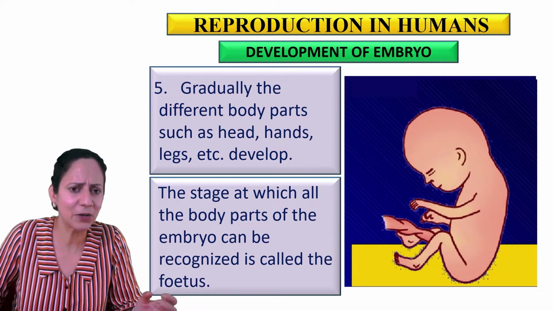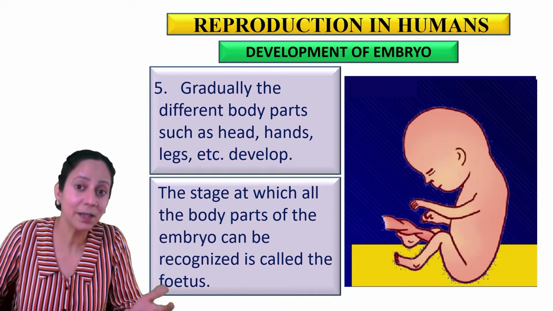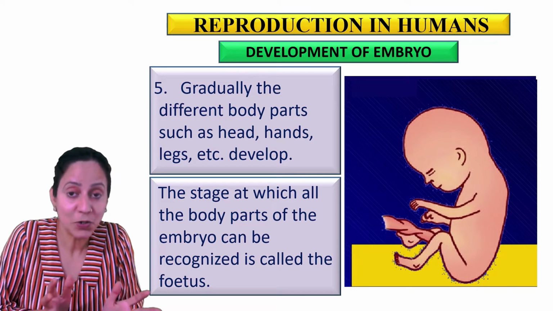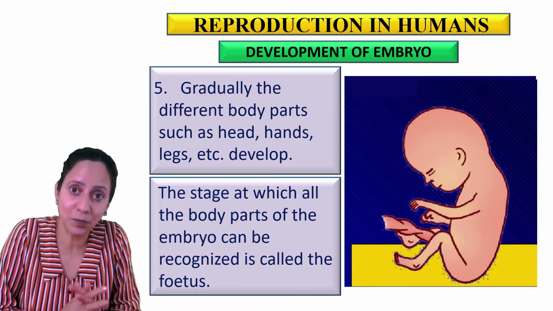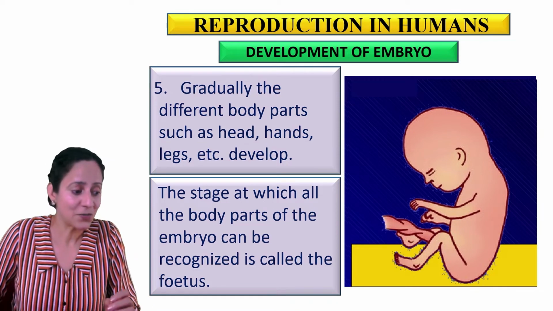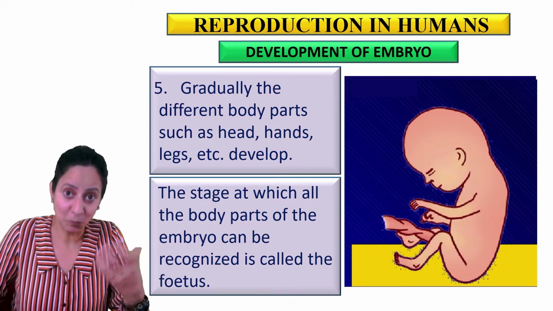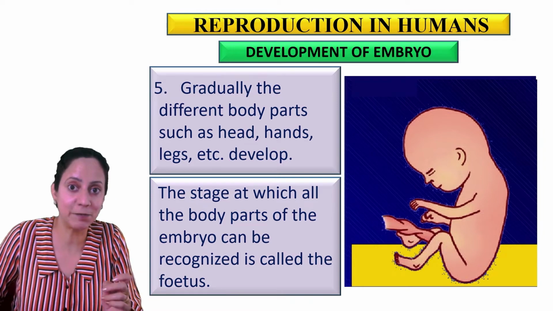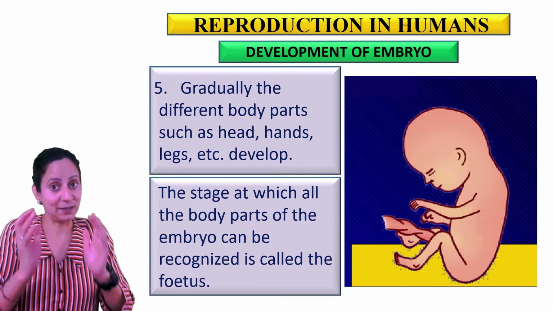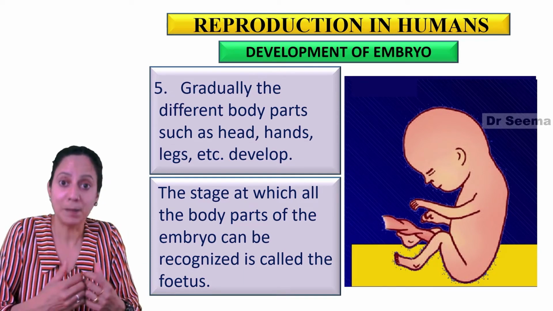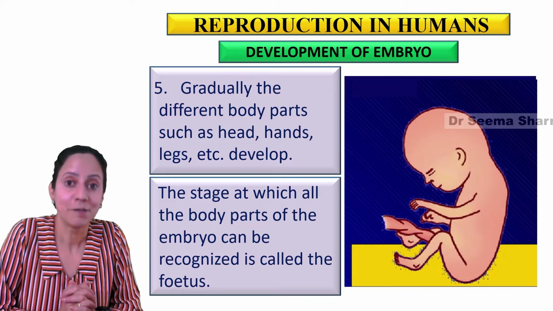All body parts are not clearly visible in the initial stages of embryo development. But when this embryo enters the 9th week of development, by that time all the body parts of the developing would-be child are clearly visible and identifiable. So at this stage of embryonic development, the developing embryo is called a fetus.